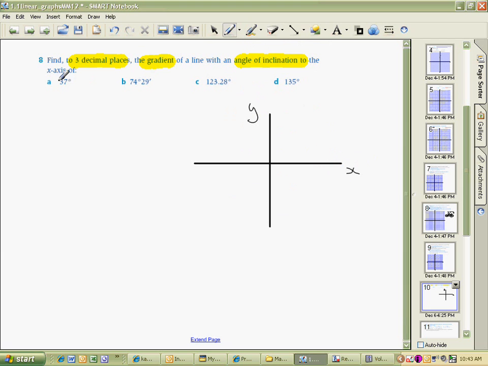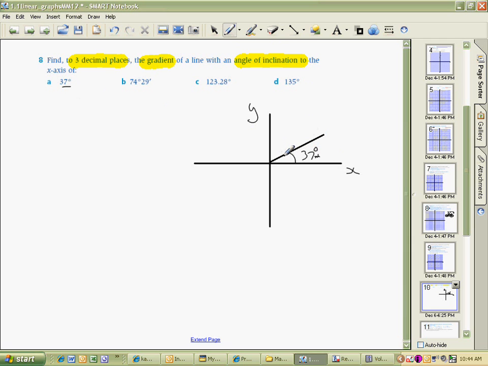So for this particular problem, let's put it in there, so there's the line, and this angle of inclination to the x-axis is 37 degrees. So what's the gradient of this line?